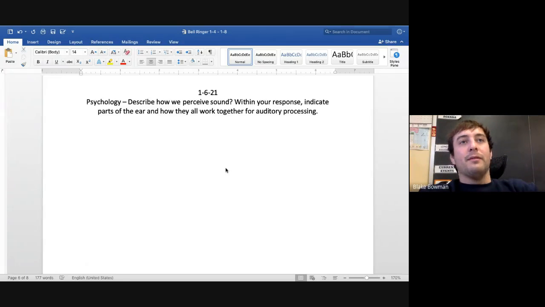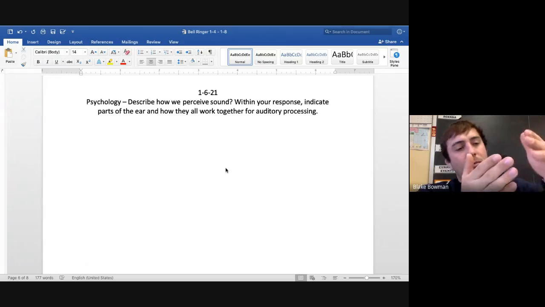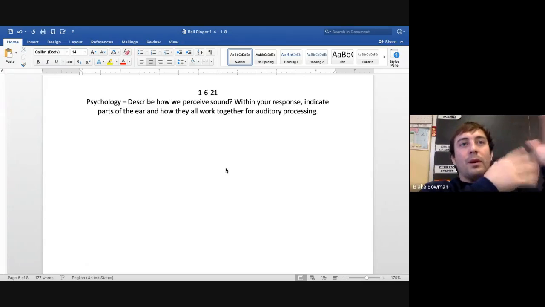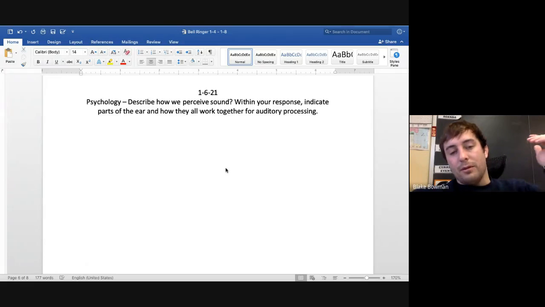And as that sound is traveling down our ear canal, we have first the eardrum. The eardrum is just a membrane. It almost looks like a funnel in a way. And that vibrates with the sound waves that are coming in. Whatever frequency it might be, high pitch, low pitch, whatever it might be, that is going to vibrate our eardrum in a precise vibration, which is connected to the three bones in the middle of the ear.